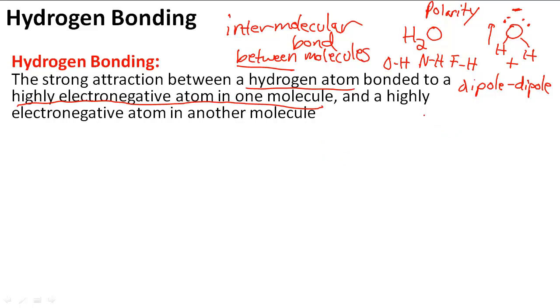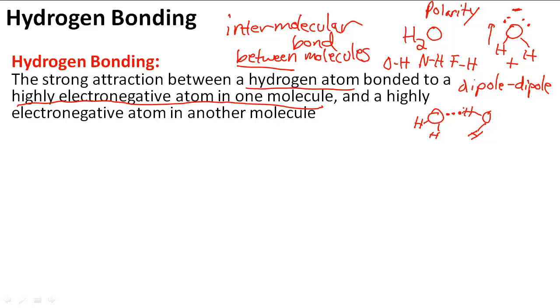So this OH here, this H is going to be attracted. The slightly positive H of H2O is going to be attracted, and we usually draw this with 3 dots. So I'm going to draw it with 3 dots.